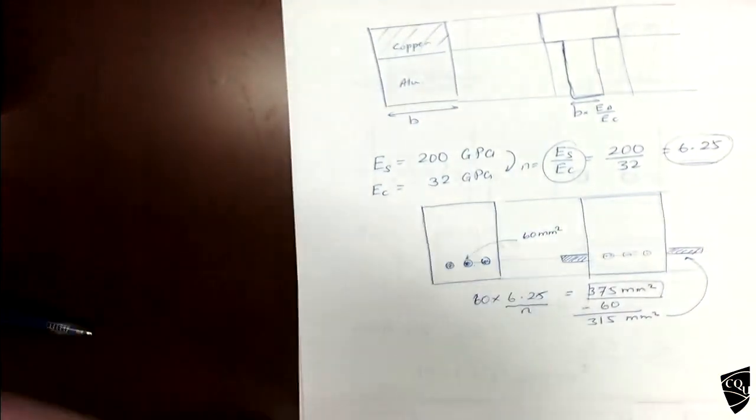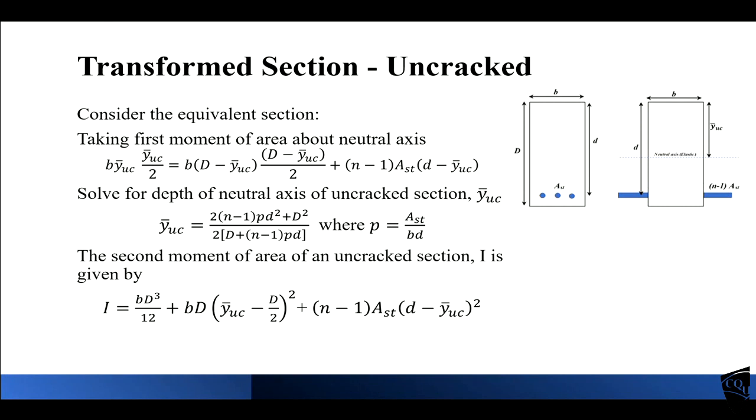So I need N times Ast here, but 1 will fill these holes, so we have N minus 1. Why minus 1? One part of Ast will fill the holes. I need a total of N times the area of steel to replace by concrete.